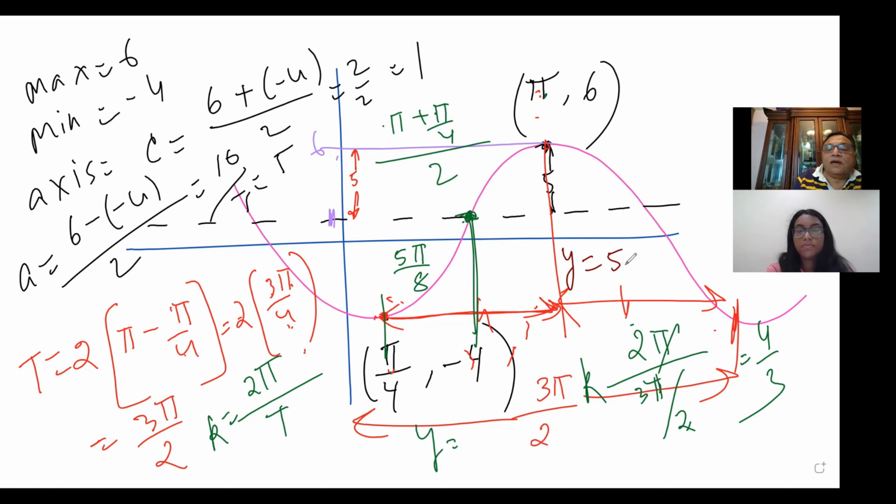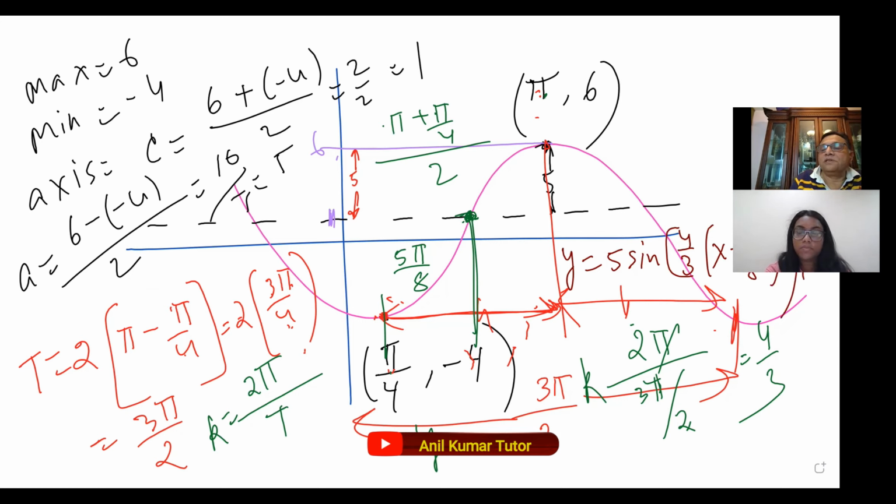And then we have the sine function, k value being 4 by 3, x phase shift being 5 pi by 8, and y moved 1 unit up. Do you see how complicated it was? But we could solve it with our minimum learning about this particular topic.